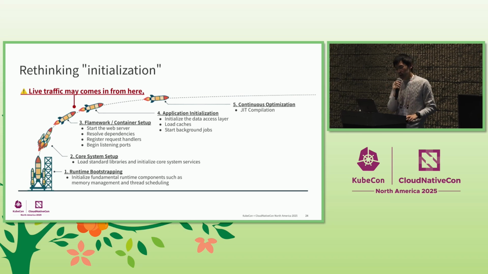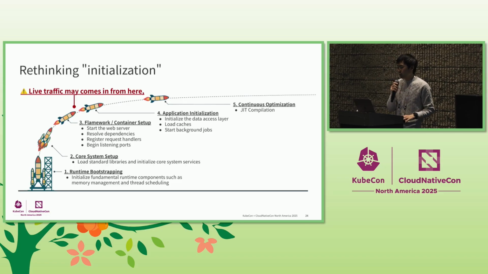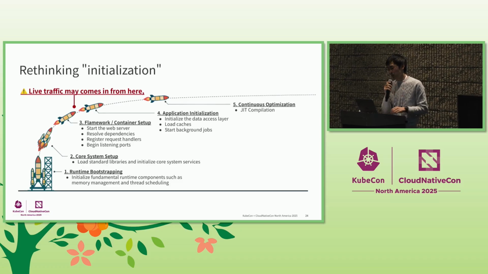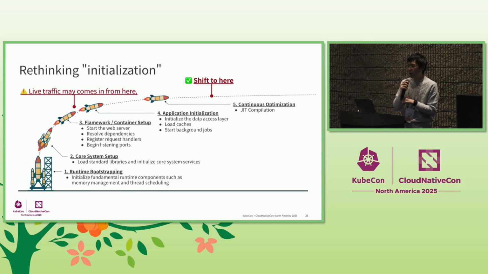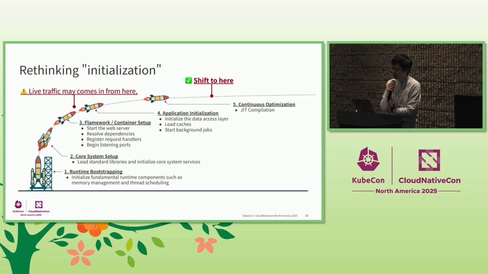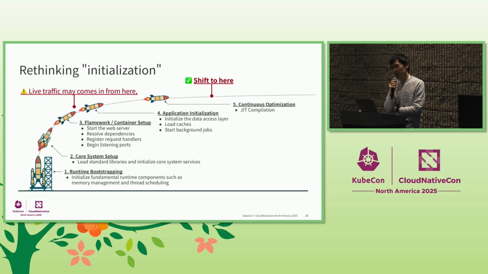In such cases, API requests may fail or experience poor latency, which results in compromised startup stability. In other words, we should ensure that the application is sufficiently initialized before it starts serving traffic.